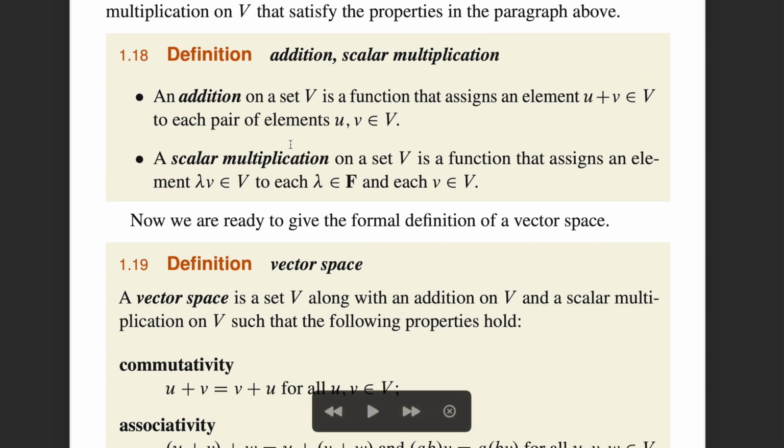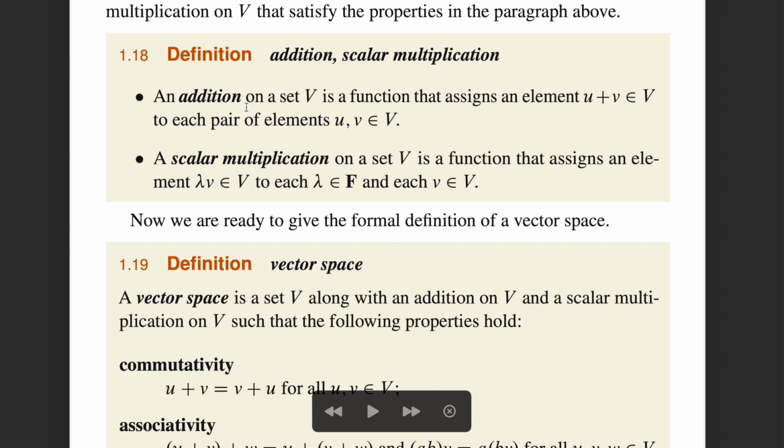The first one is that the addition and the scalar multiplication are closed, which means that given two elements in the set, when we add them, the sum also belongs to that set. And secondly, if we have a scalar and any element from that set and we multiply them, then the product has to belong to that set.